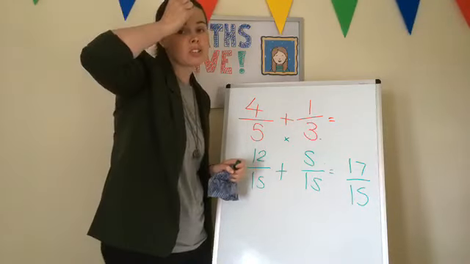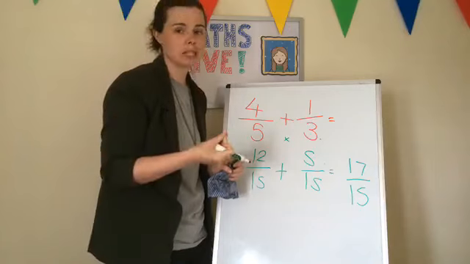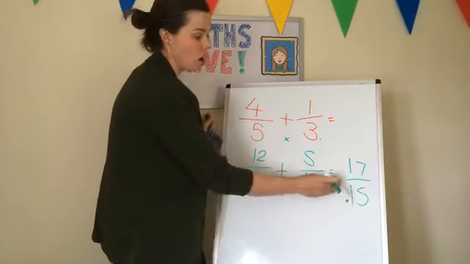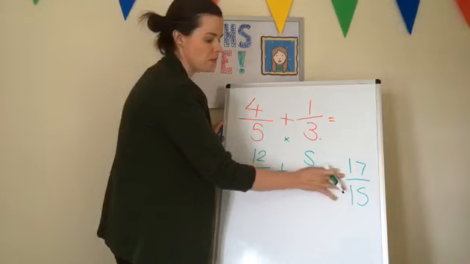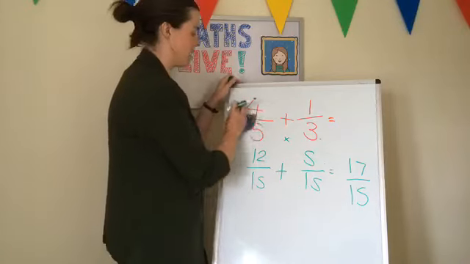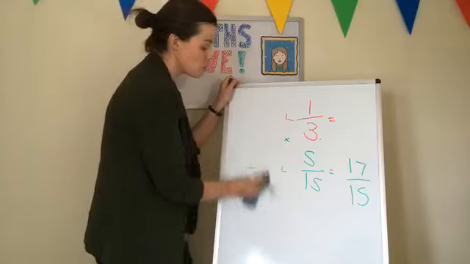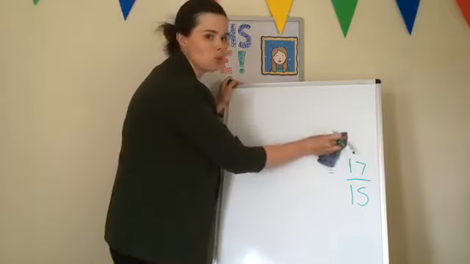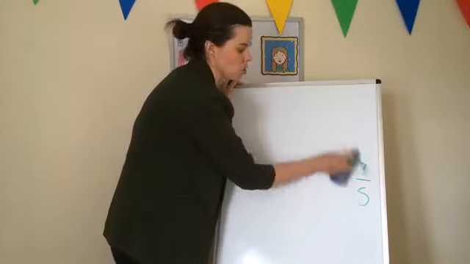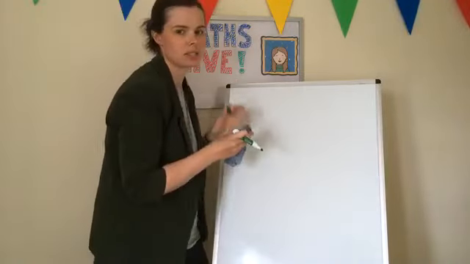I am going to mention simplifying today, but I'm not going to model it too much. I'll explain why in a bit. We can't simplify this fraction, okay, because there's no common factors of 17 and 15. The only thing we could do is put it into a mixed number fraction, but that isn't always as important. It's only when you're making the actual fraction itself smaller.